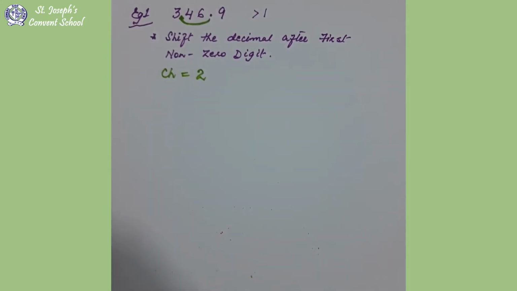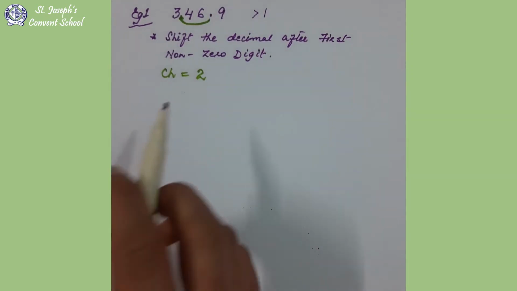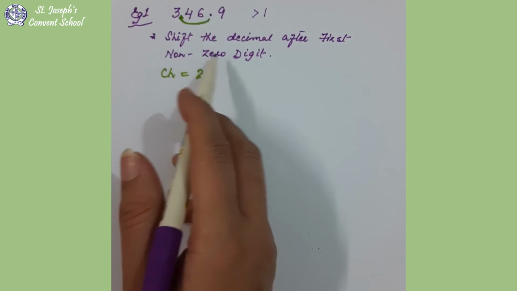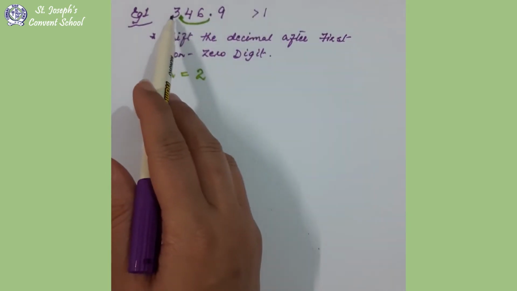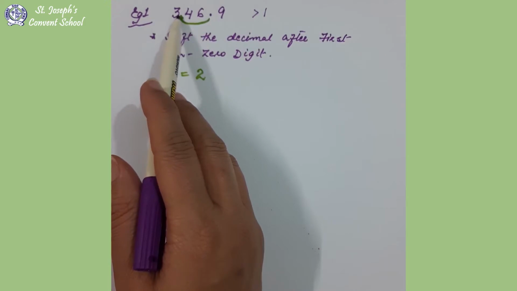So just count how many places you have shifted. First step is to shift the decimal after the first non-zero digit. This is the first digit and it is non-zero, so after this you shift the decimal.